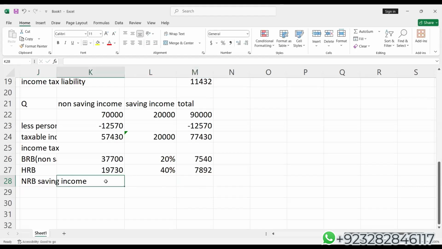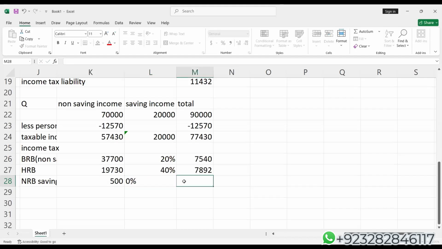Yes, a nil rate band for the saving income will be £500. Of course, remaining entire saving income actually falls in high rate band, and where applicable tax rate is 40%.